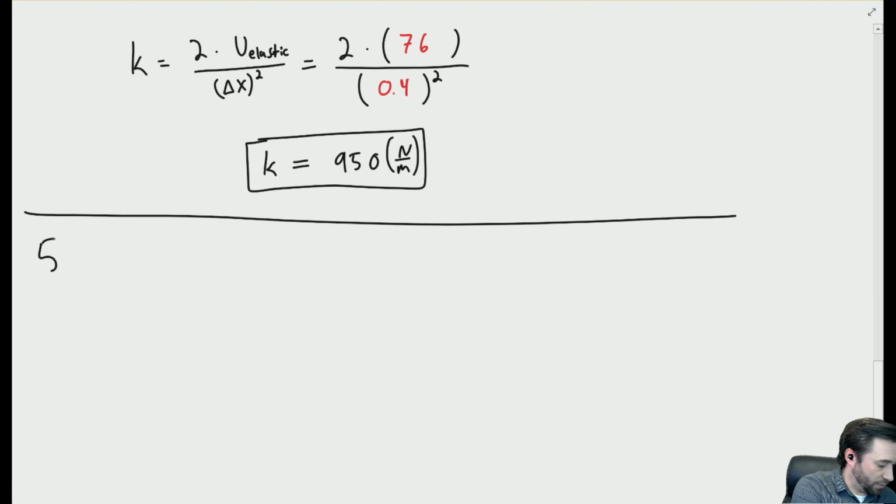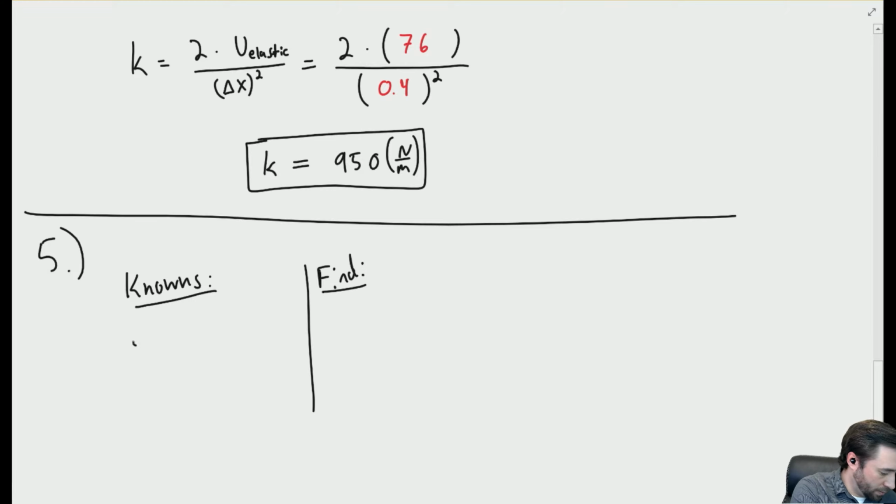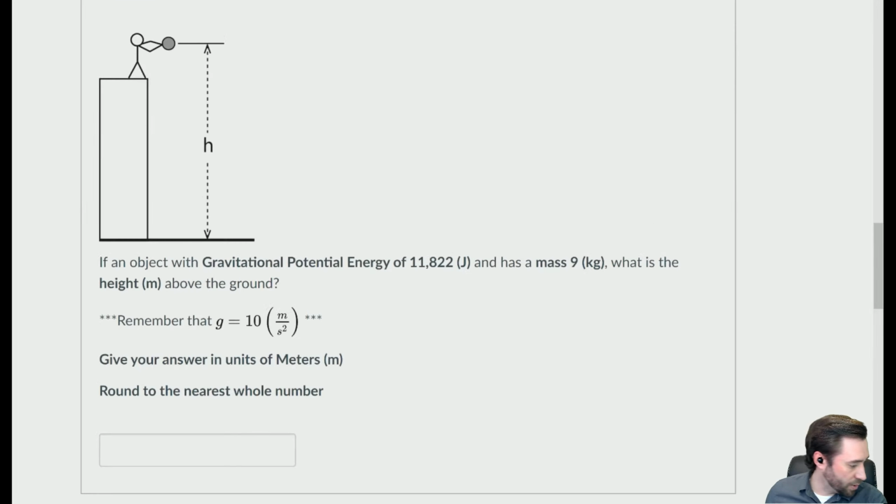So this is number 5. Knowns. Find. Okay. Alright, so I go back to my question. If an object with a gravitational potential energy of 11,822 joules and has a mass of 9 kilograms, what is the height above the ground?